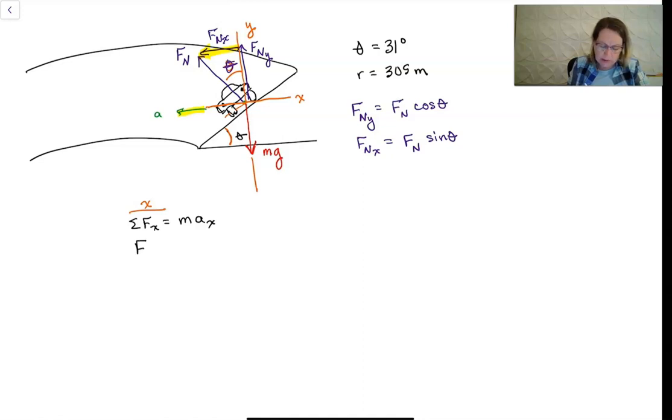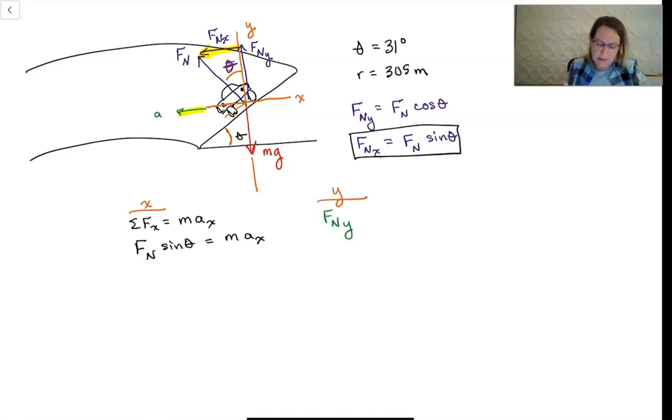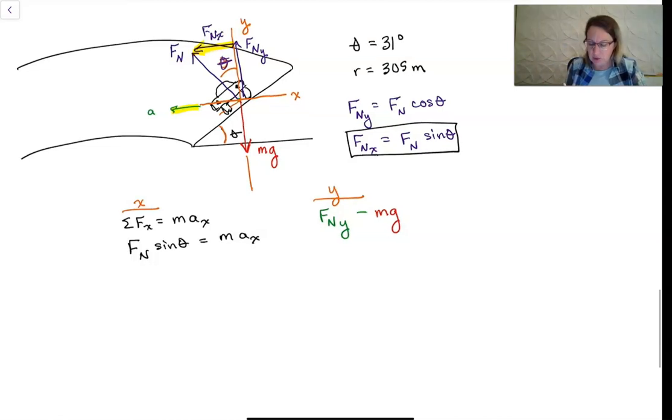That's going to tell me this is force normal x, which is force normal sine of theta, just coming from here, is equal to max. And in the y direction, I have force normal y is up minus mg is down, and I don't have any acceleration in that direction.